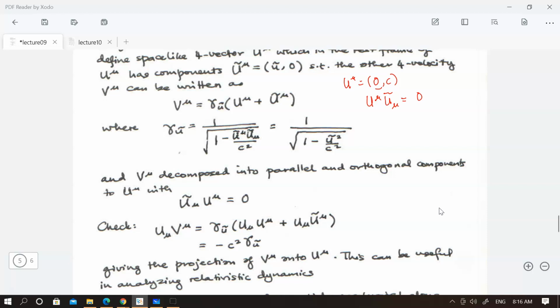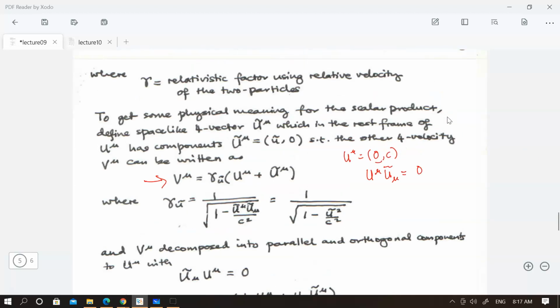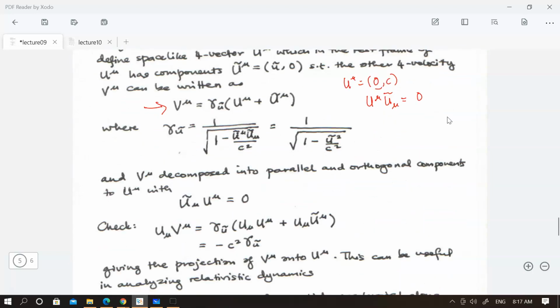Right, and so this is the thing that we mentioned just now. Essentially, you can substitute the form of the v mu that we had here into, let me go up, the form that we have over here.